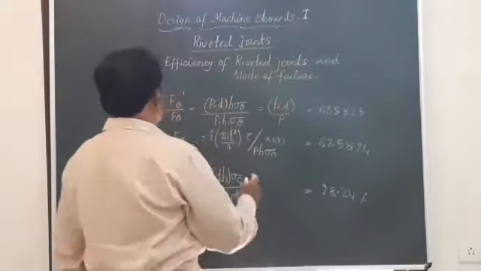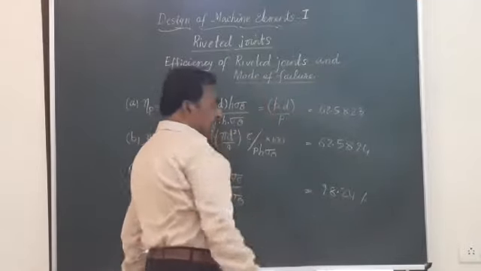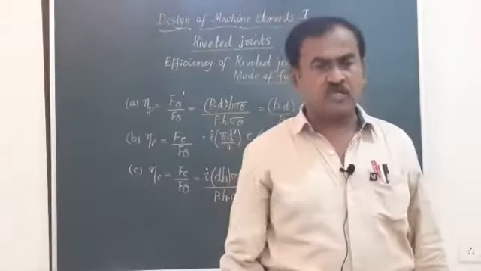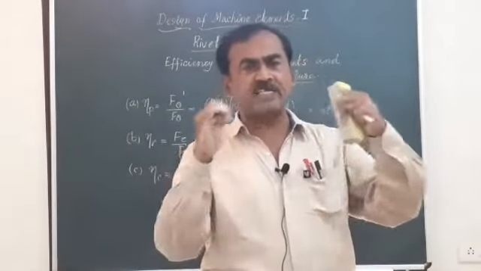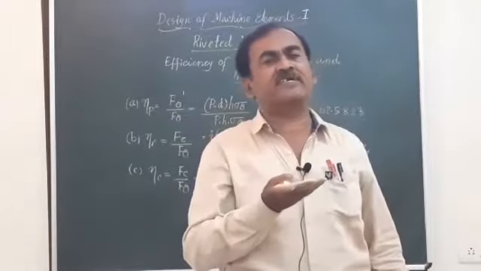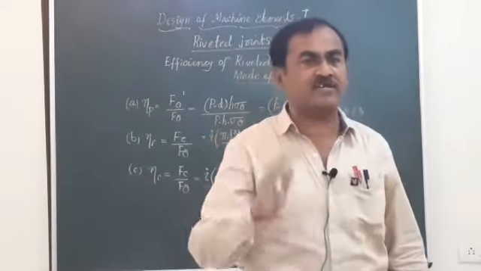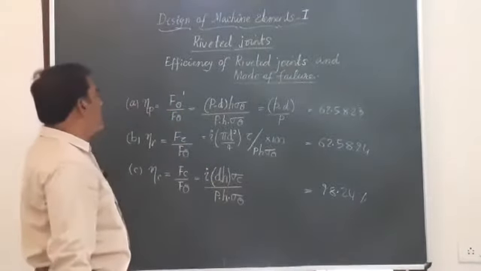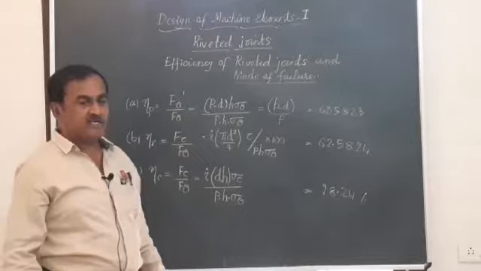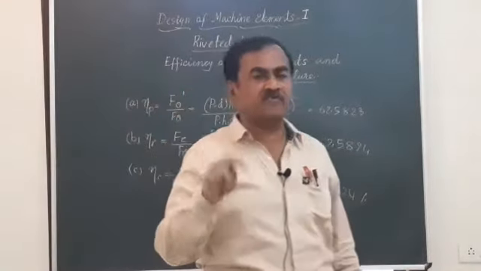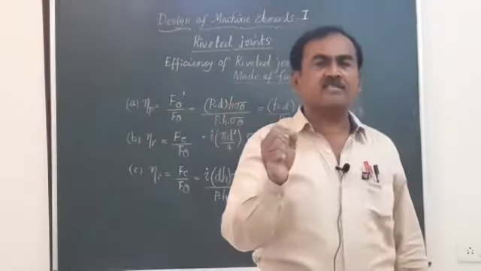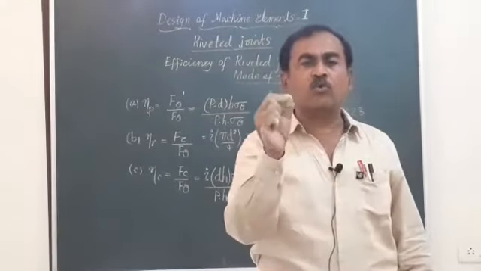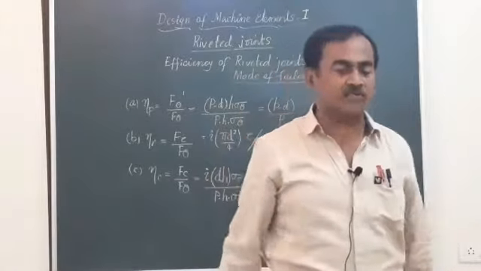And what is the mode of failure? Any joint, if at all it fails, could fail due to the tearing of the plate, shearing of the rivets, or crushing of the plate or rivets. So friends, in a particular problem, if you find eta P as the least of all the three efficiencies, we say the efficiency of the joint is that value, and the mode of failure is by the tearing of the plate.